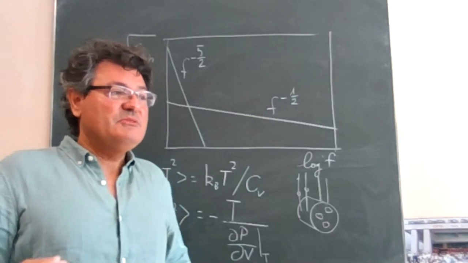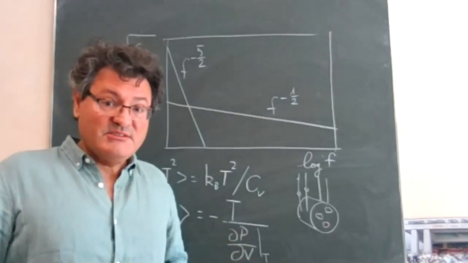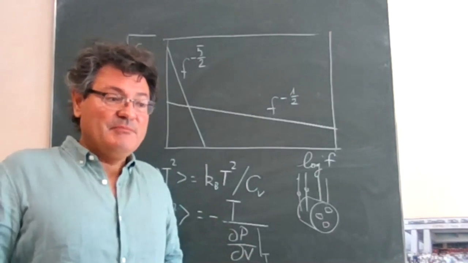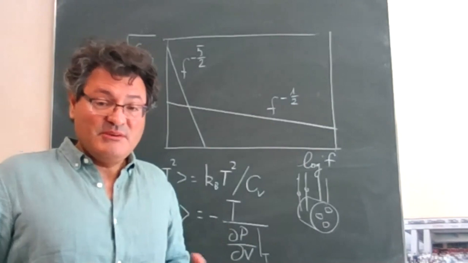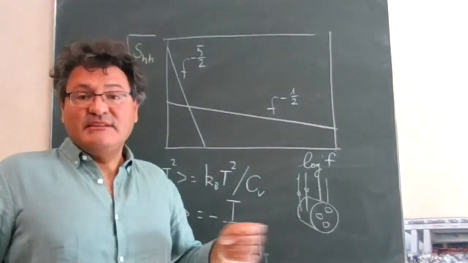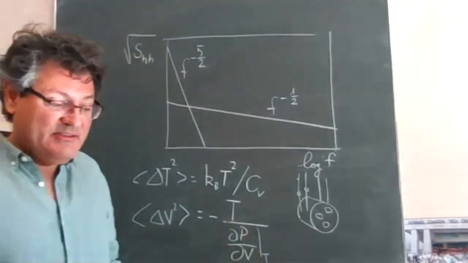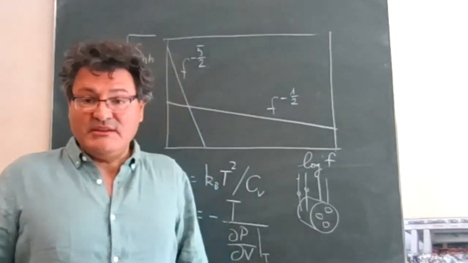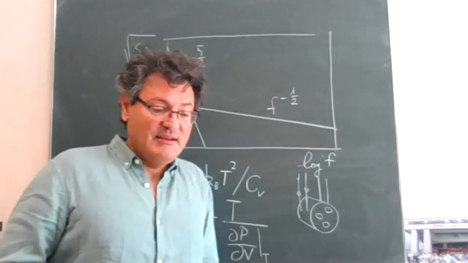People soon recognized that there was some noise coming from electronics, and Johnson recognized that this noise came from the resistors. Then Nyquist did the calculation and demonstrated that the power spectral density of the noise was proportional to the resistance.